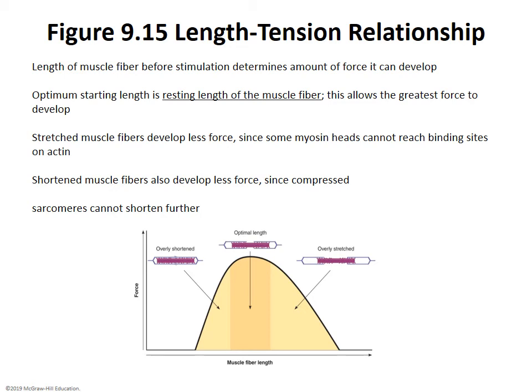At that point, we're going to have the best possible contraction. Now, once the contraction happens, it will get to where the actin starts bumping into the other actin in the middle, and that's where it will quickly diminish the strength of the contraction.